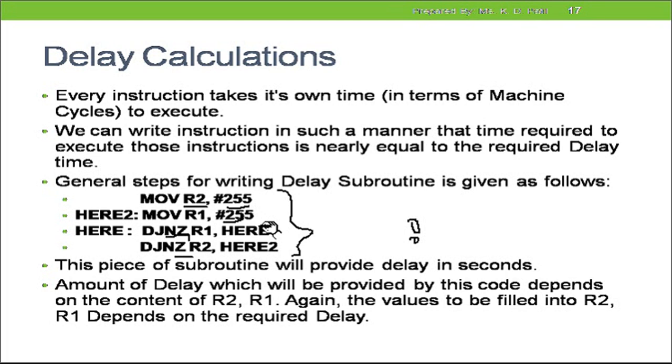Because I want to calculate the standard delay, and as per the given frequency of the 8051 microcontroller, that is 11.0592, accordingly I have set the values of 255 here. If you want to change the required delay time, you can change those values, and accordingly you can increase or decrease the delay.